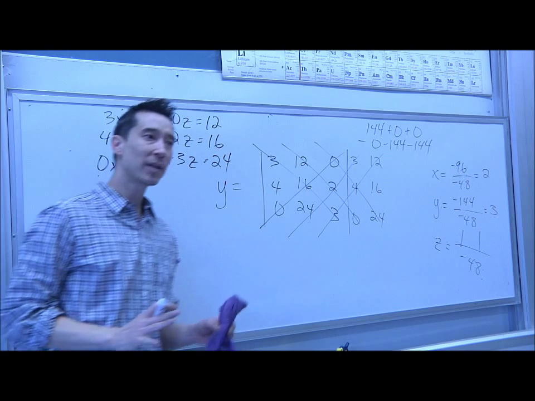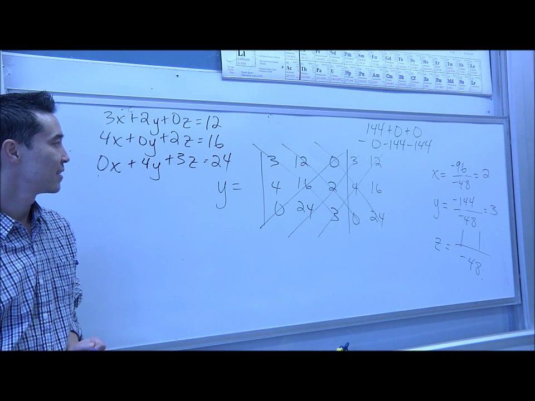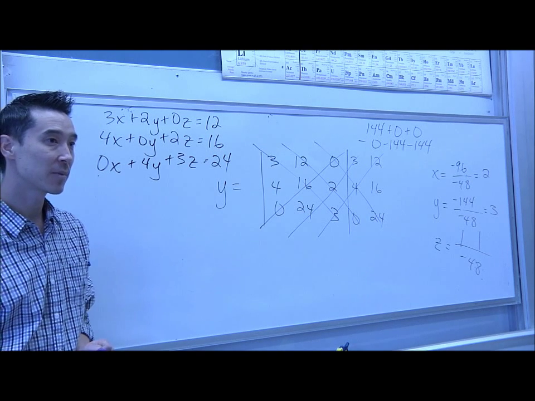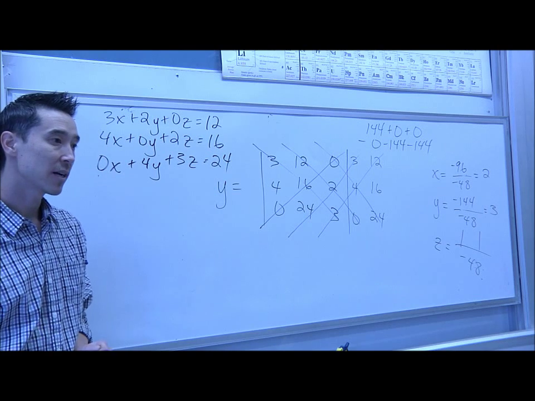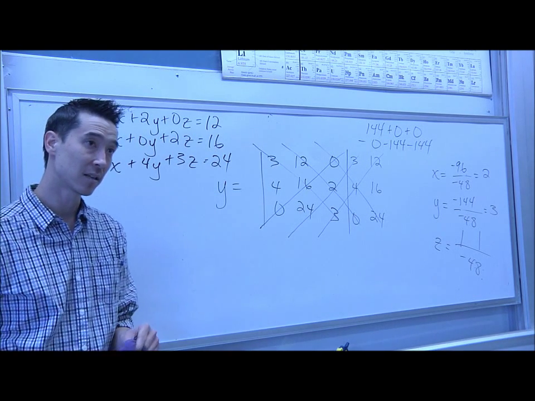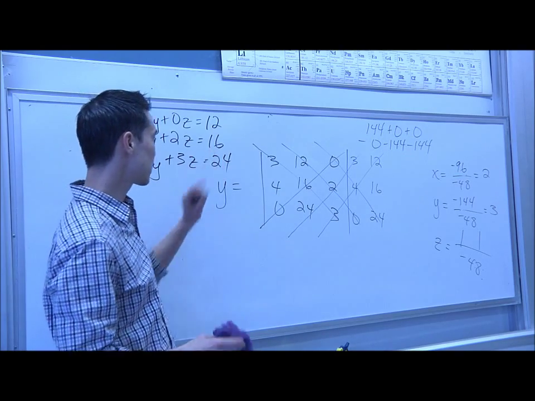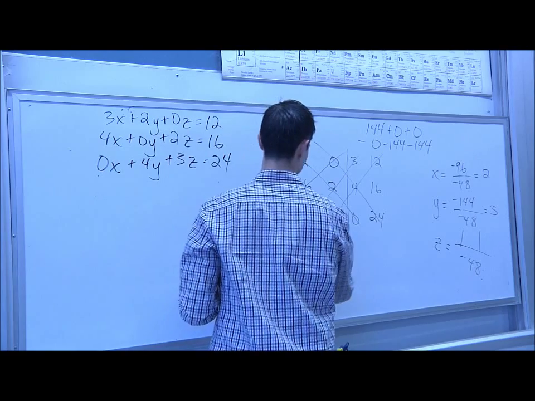We're so close to being done. Only one more determinant to do, and that's z. So you guys go ahead and do it. Replace the z column with the 12, 16, 24.